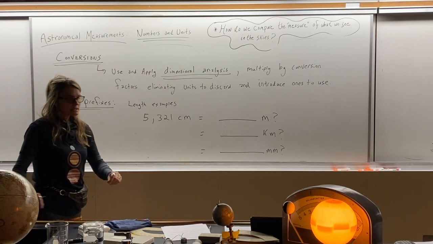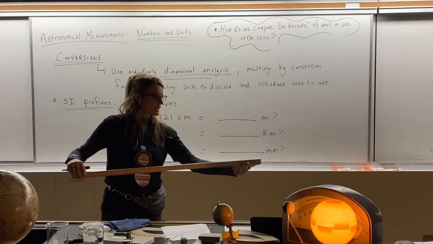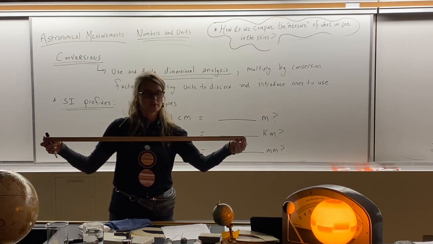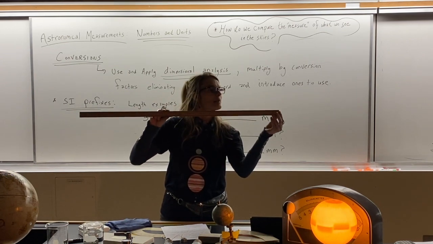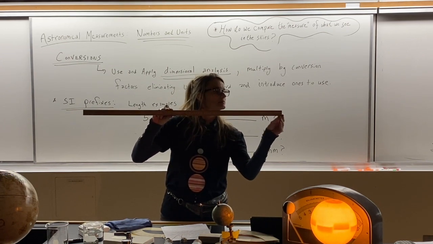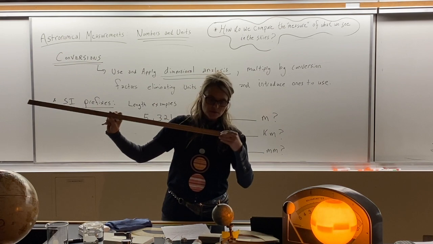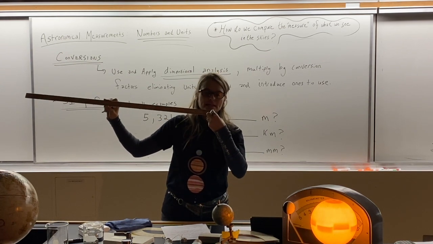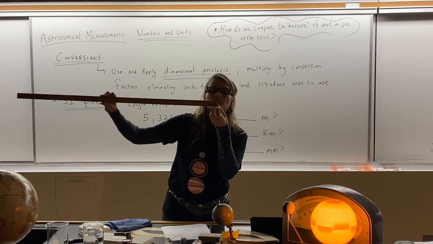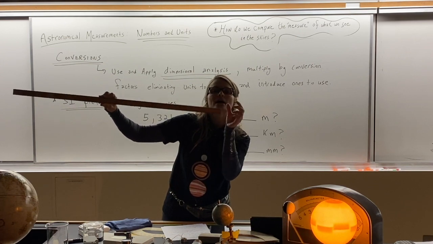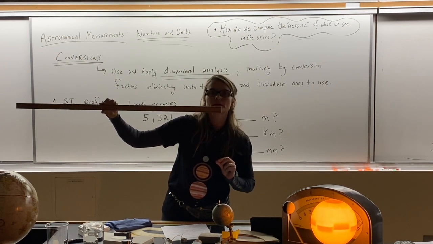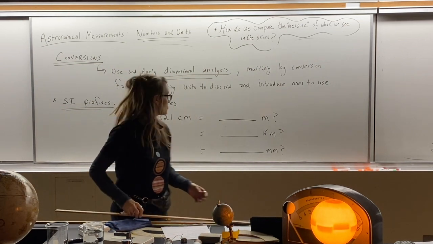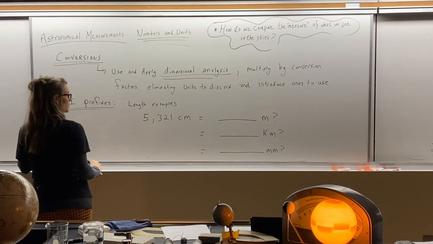A centimeter is a much smaller increment than a meter. There are 100 centimeters that make up a meter stick. Each of those centimeters is even smaller. You could take a centimeter, which is about this big right here, and break it down into 10 more pieces, each of those pieces being a millimeter. So when you're doing these conversions, it's important to know what the factors are.